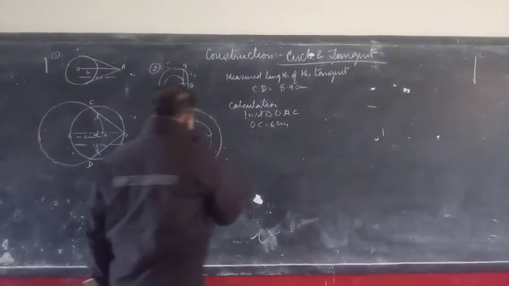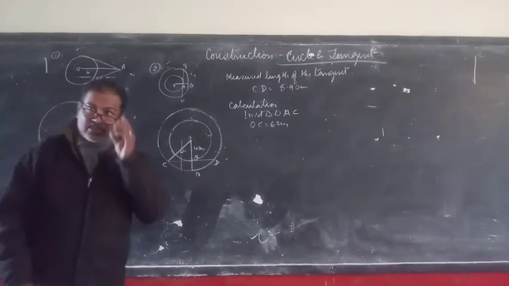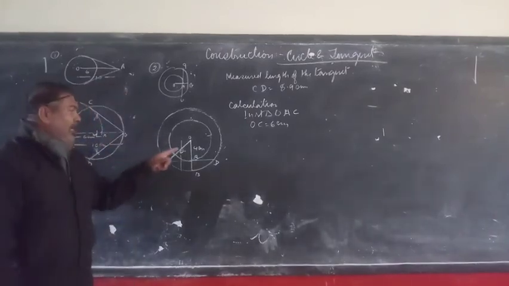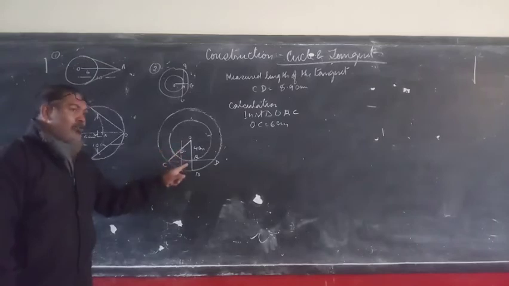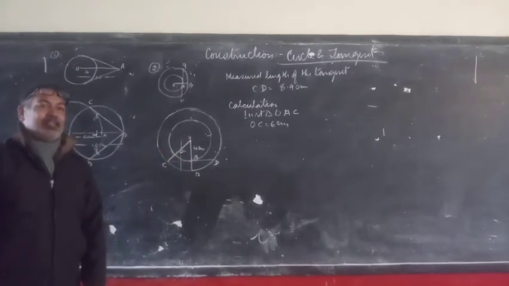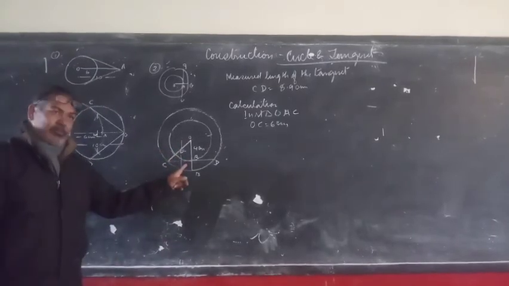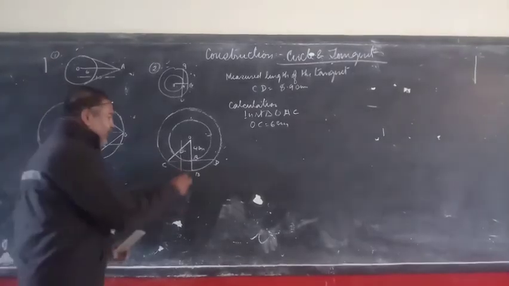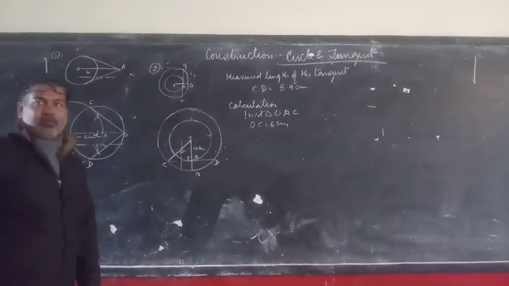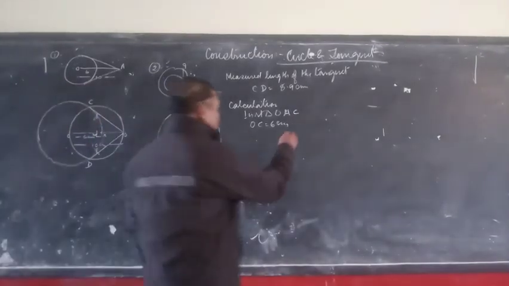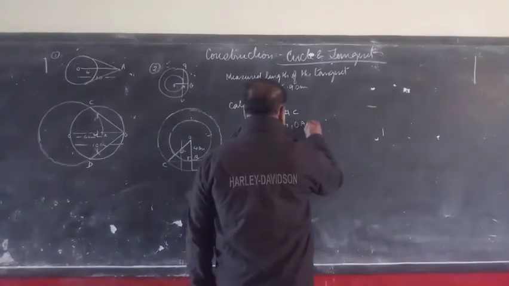Why have I mentioned right triangle? Because in class 9 you have studied one theorem that the perpendicular drawn from the center to a chord bisects the chord, and this angle is already 90 degree. OA is equal to 4 centimeters.